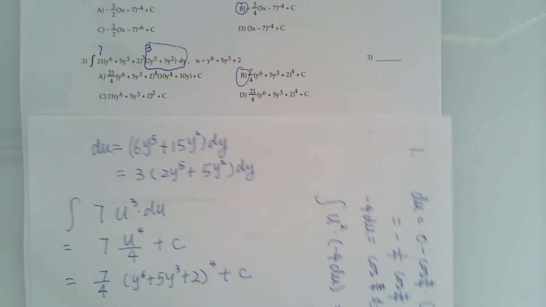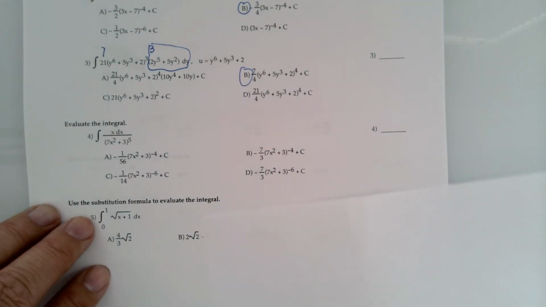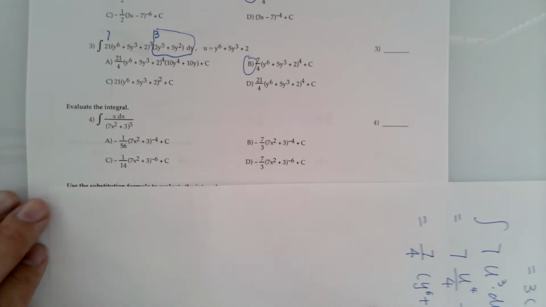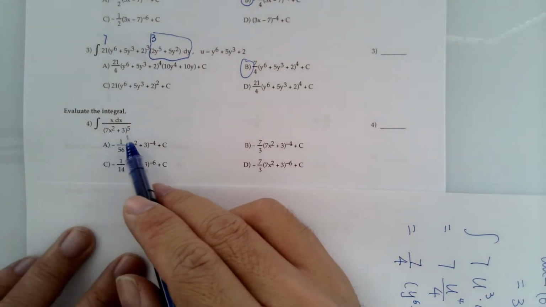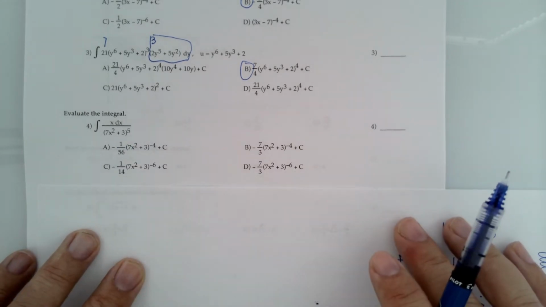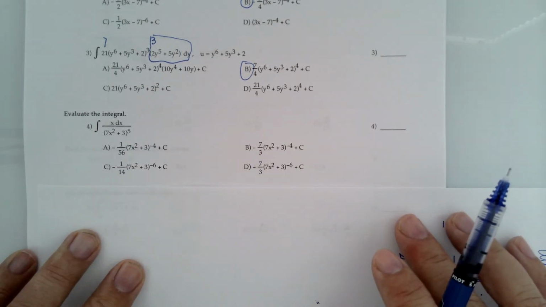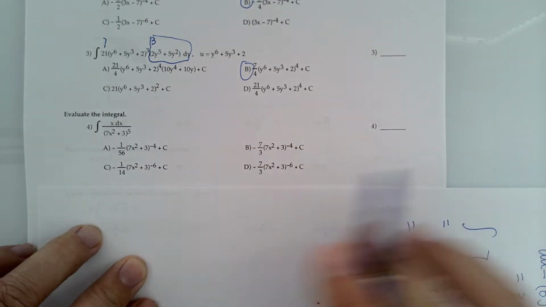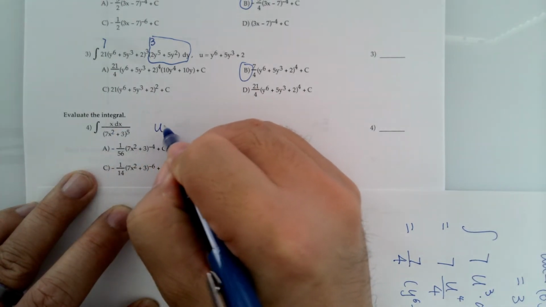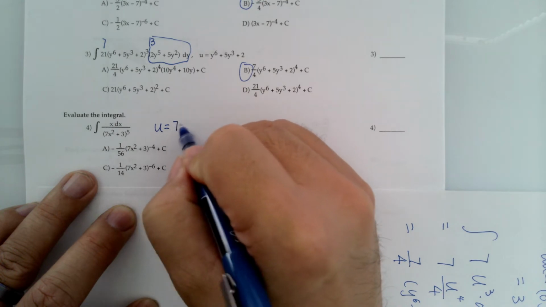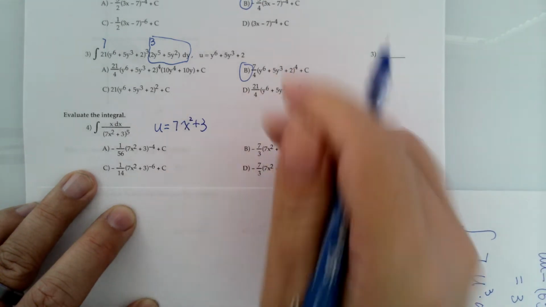Okay, cool. So number 4, you look at this, it asks us to evaluate this integral. In this problem, it does not provide the u substitution, but we can easily find that we can set u equals 7x squared plus 3, right?